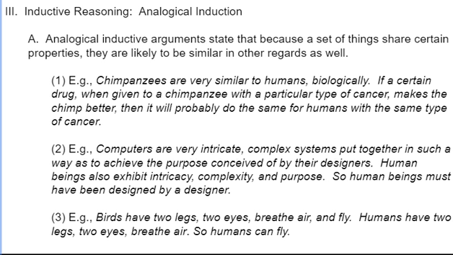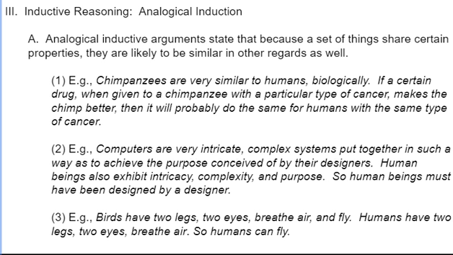Well, humans have 2 legs, 2 eyes, and they breathe air, so probably humans can fly. Now there we realize that does not work, right? It's an argument from analogy, but it's an extremely weak one, right? So the very first one, not that controversial. 3 is extremely bad. 2, I'll leave it up to you to decide.